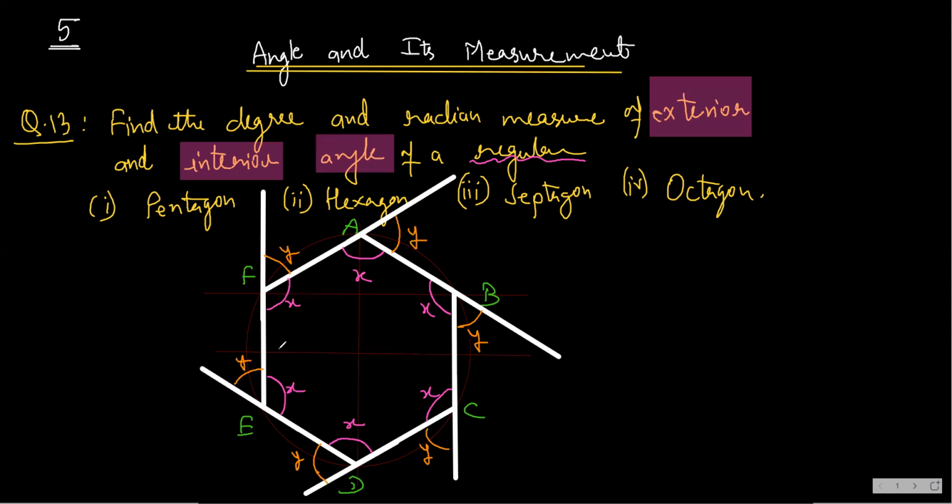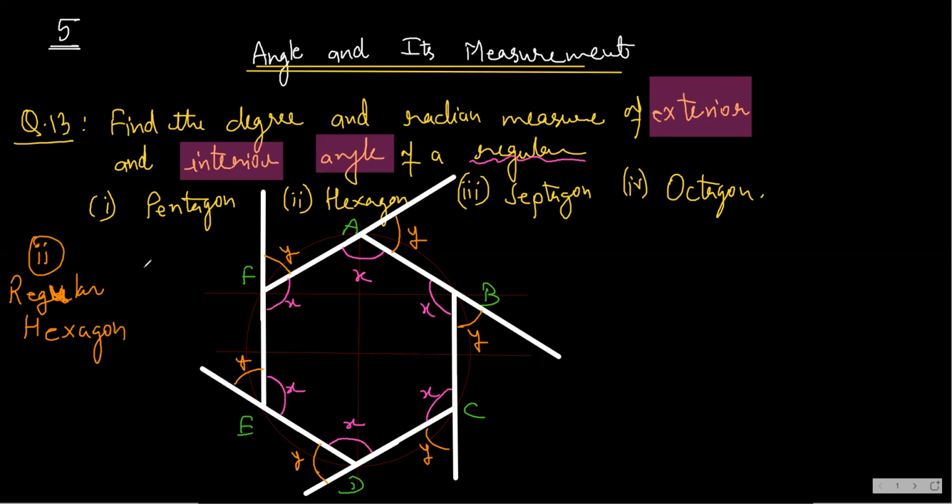Since I'm solving for a regular hexagon, everything is 6 in number.